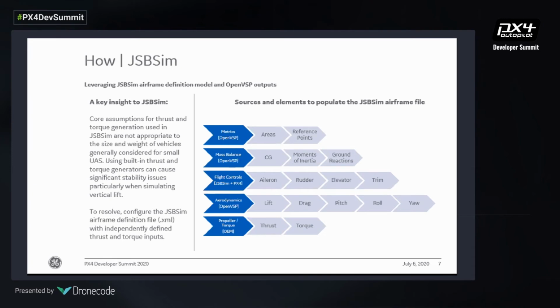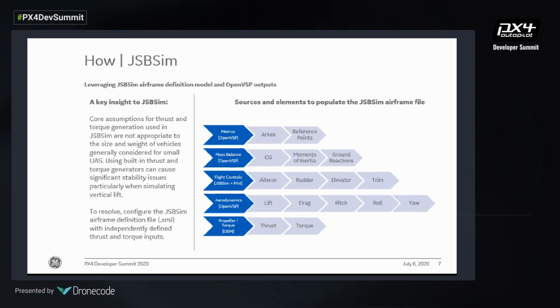And then the final section that will lead us into our key JSBSim insight was the propeller and torque modeling. So this was a major finding for us, that one of the core assumptions in the thrust and torque generator in JSBSim, there's some assumptions built towards larger vehicles, so larger in size and weight than the UAS that we were trying to model.